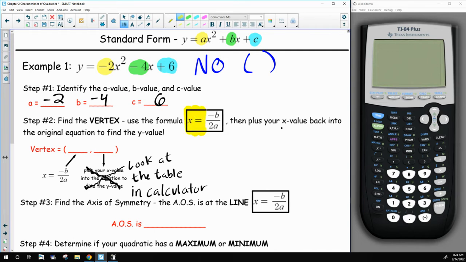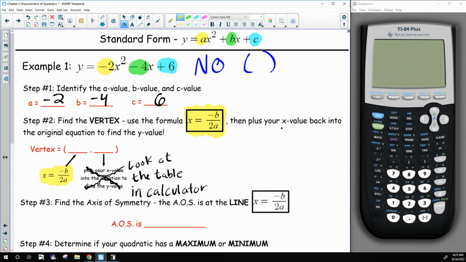This is how we find the first part of our vertex. To find the x value of the vertex, this only finds the x value, we use this little formula, -b over 2a. So negative b value divided by 2 times the a value.